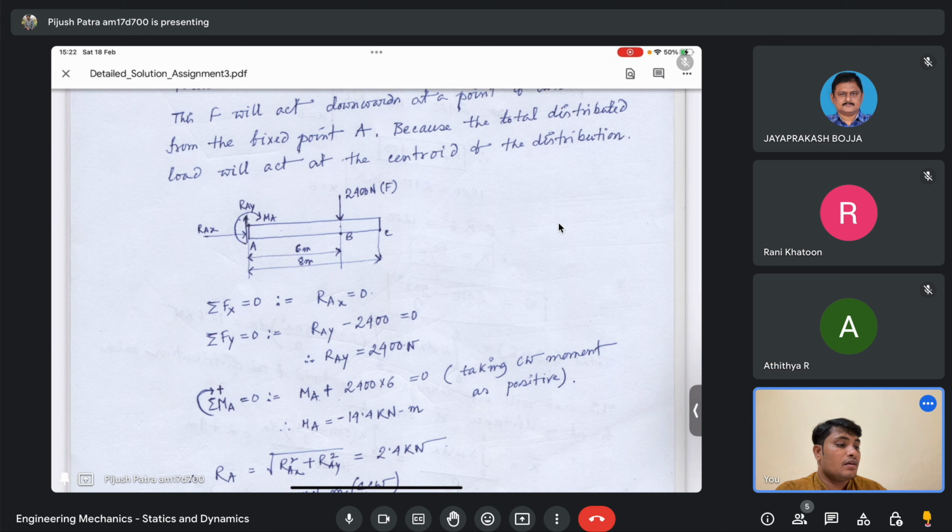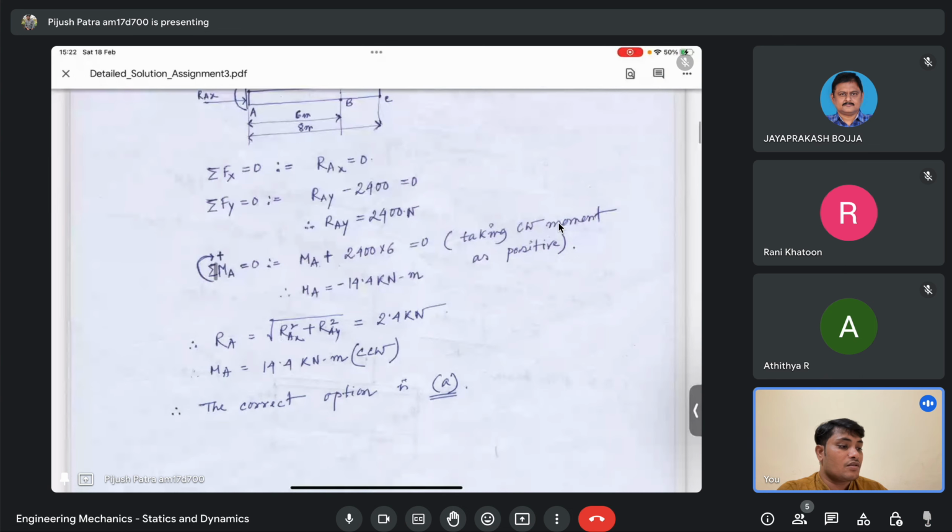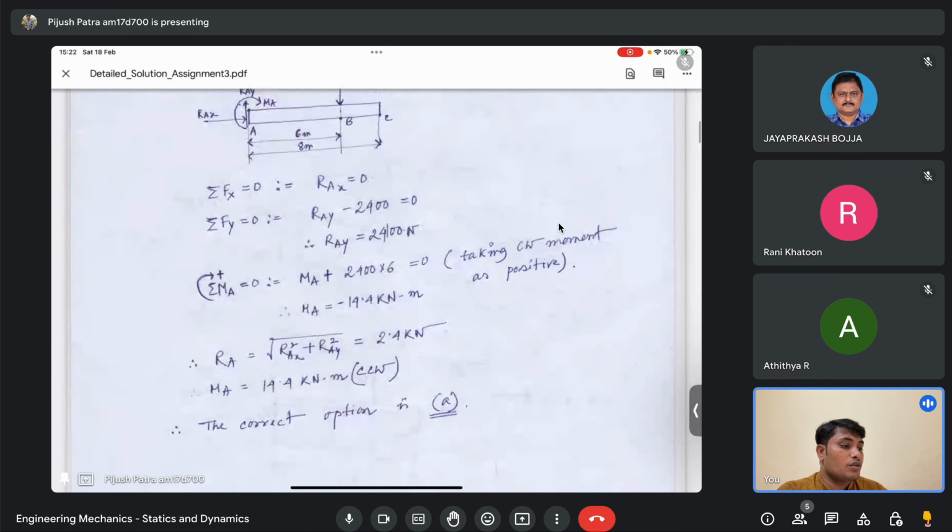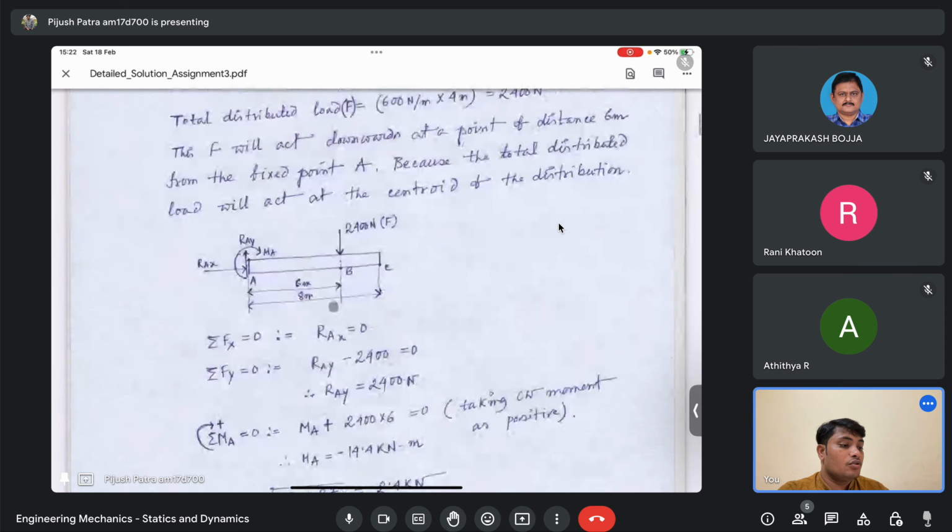RAX, RAY and the MA, and I got that RAX equals to 0, RAY is equals to 2400 Newton, and MA is equals to 14.4 kilonewton meter. So can someone tell me, total three unknowns I calculated, RAX, RAY and MA, and how many equations I applied in this case? Summation Fx equals to 0, summation Fy is equals to 0, and MA is equals to 0. That means three equations and three unknowns.